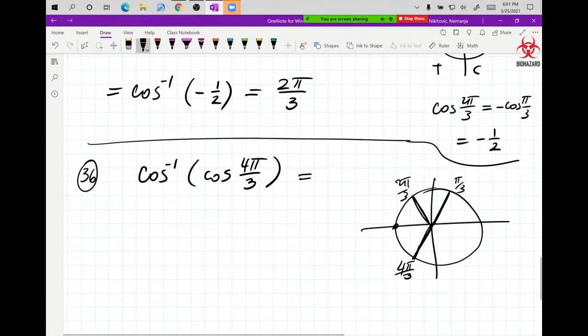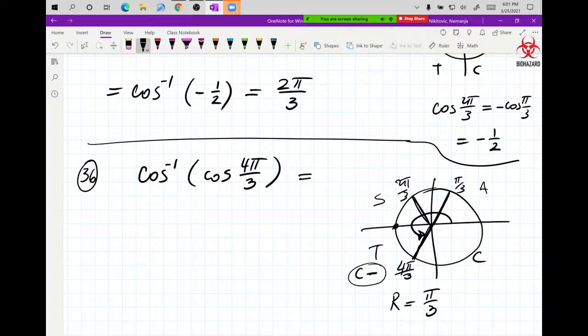So this is your 4 pi over 3 angle. You still see that your reference angle is pi over 3. That stays the same because of the closest x-axis. And then all students take calculus. Cosine is still negative in the third quadrant.